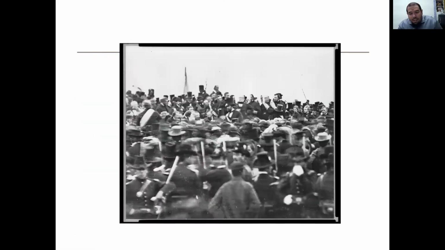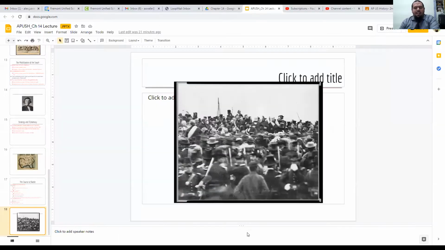So here's Lincoln about to give his Gettysburg Address. And that's it. Okay, so that concludes this chapter about the Civil War. And hey, it might have been a refresher. You might have already known this from 8th grade, but it's pretty big in regards to U.S. history.